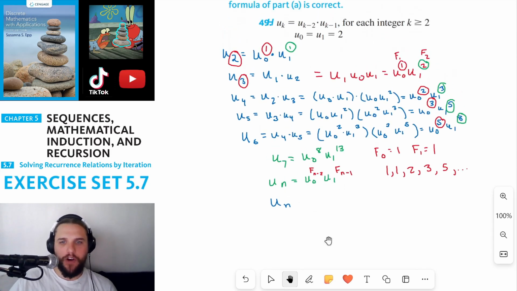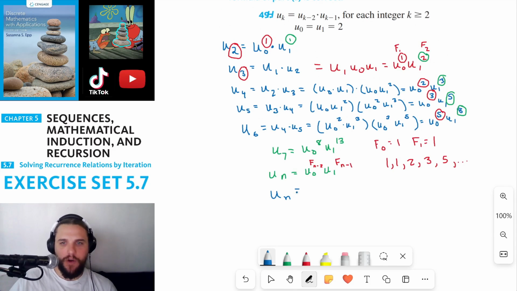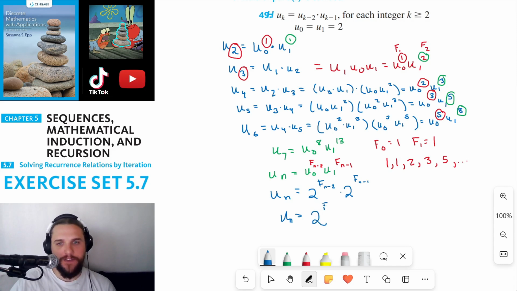Both of these are 2. So u sub n is just 2 to the f sub n minus 2 times 2 to the f sub n minus 1. We can simplify this by adding the exponents together to get 2 to the f sub n minus 2 plus f sub n minus 1.